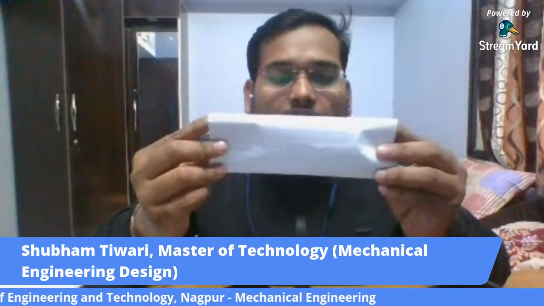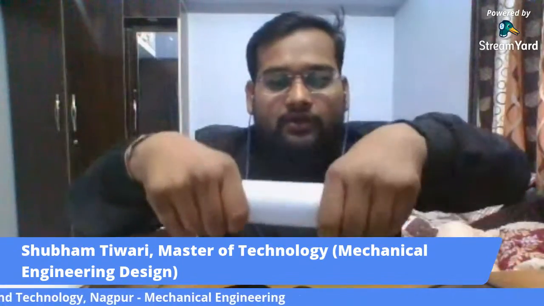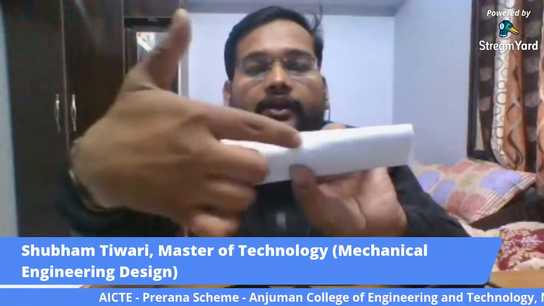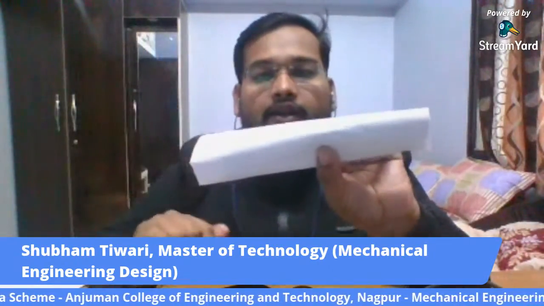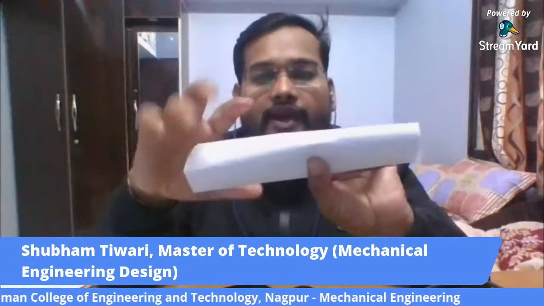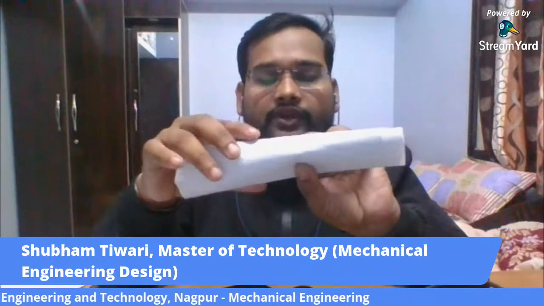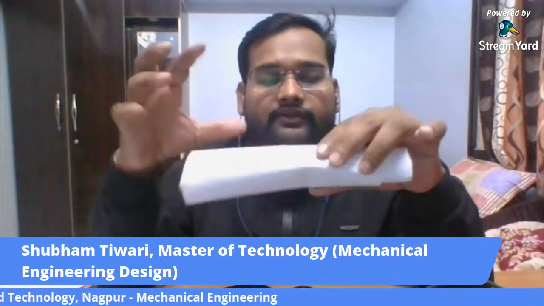Now I will just twist it. So I applied this twisting moment and see what has happened to the layers. The layers are now inclined. Just try it yourself with your own paper. You will find the layers get inclined.